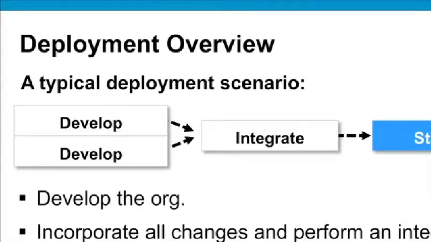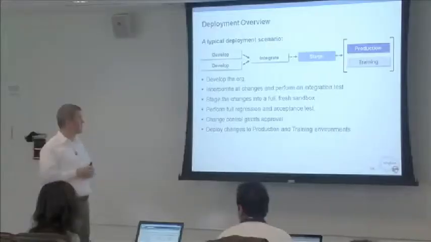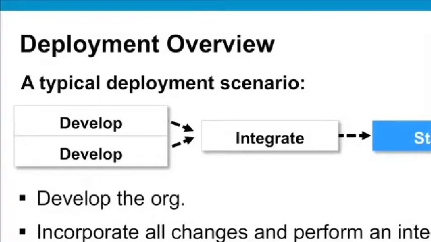Those two teams are working in their separate sandboxes, and ultimately as a part of a release, we're going to combine their changes into a single copy, and we're going to deploy that to an integration sandbox. So that's our second sandbox in the chain, which is taking their two inputs.